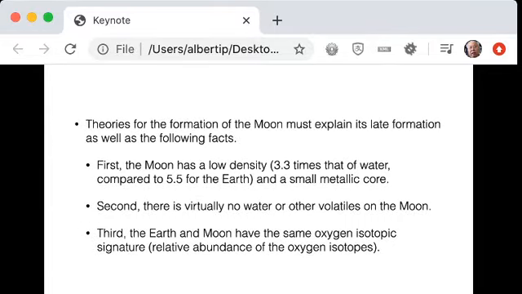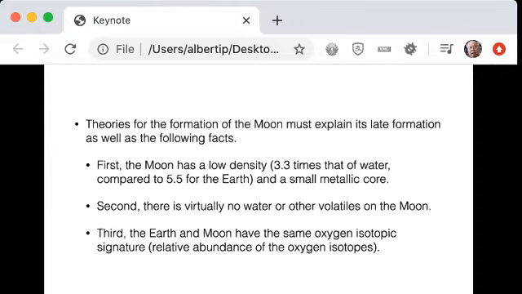First, the moon's density is a bit lighter than our Earth. That means when that large rock hit Earth at that time, Earth had already gotten most of its heavy elements into the core, and therefore it could only melt the outer surface, and therefore the moon is lighter than Earth itself.